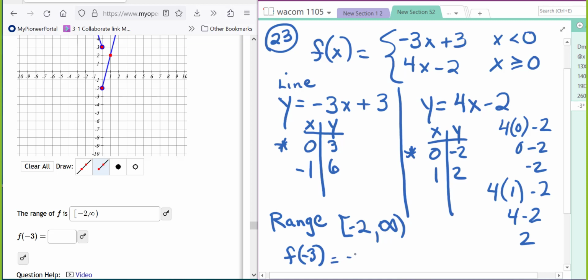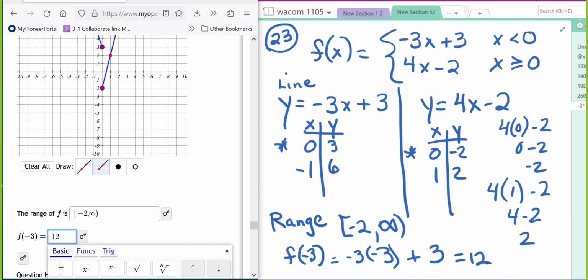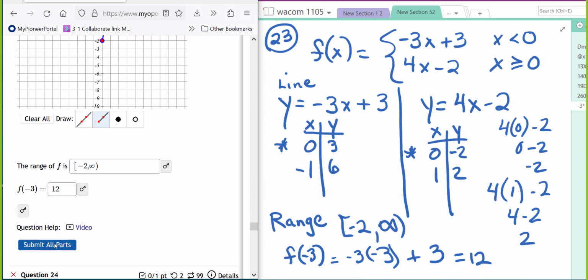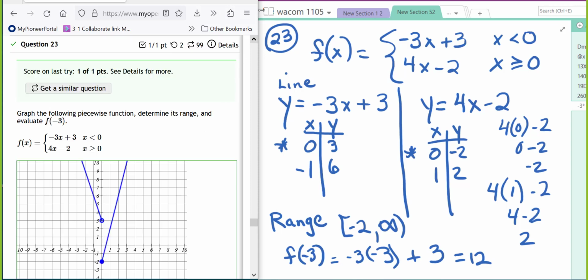So -3 times -3 plus 3. So this would be 9 plus 3, 10, 11, 12. All right, better if you get it on the right grid.